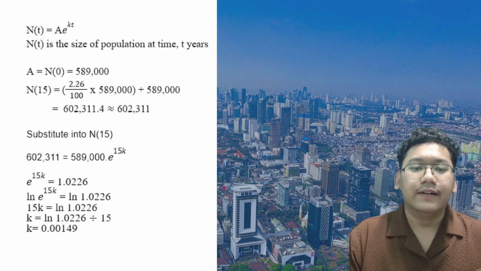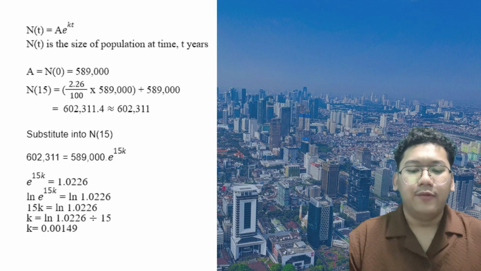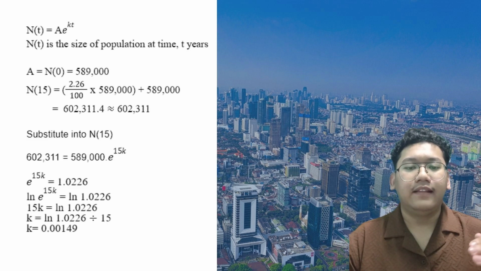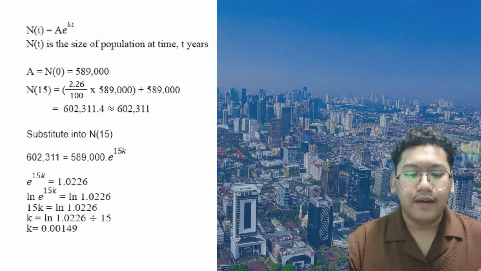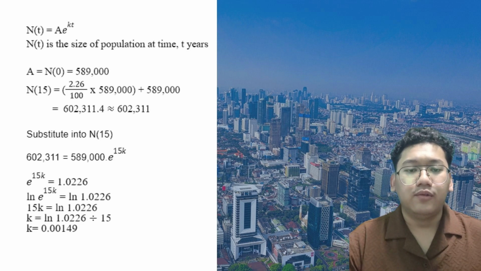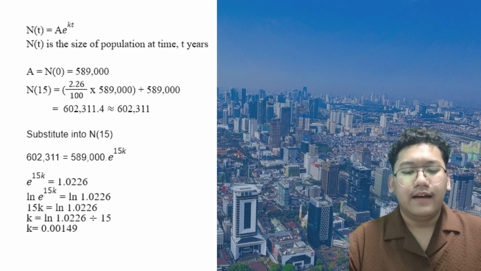Okay, to find the value of k, we substitute all the given values into N at time 15 years. So we have 602,311 equals 589,000 times e to the 15k.